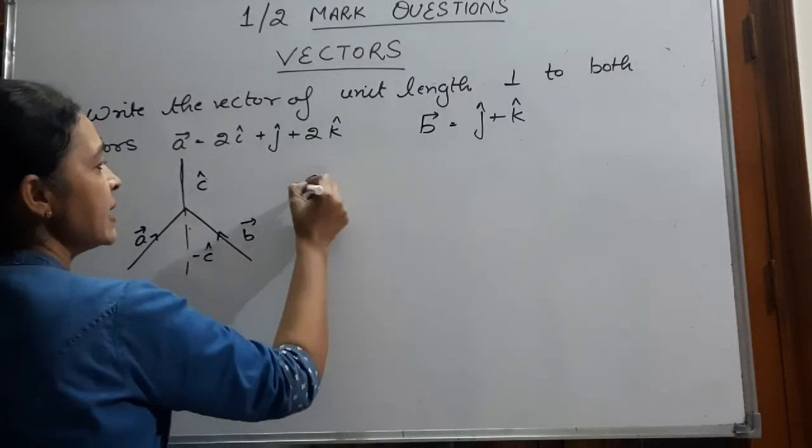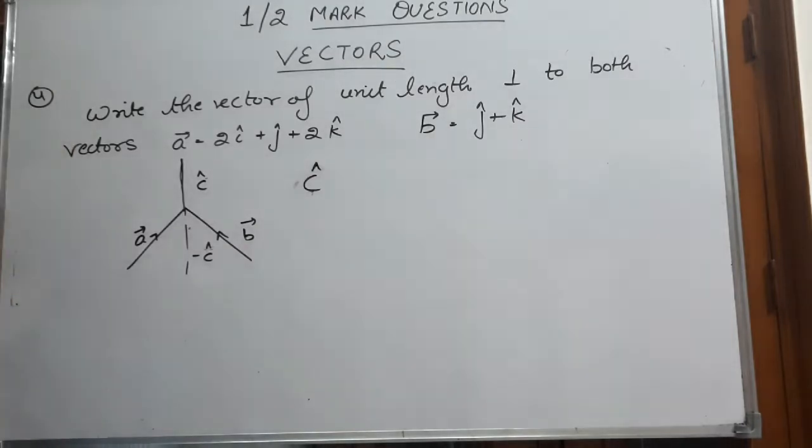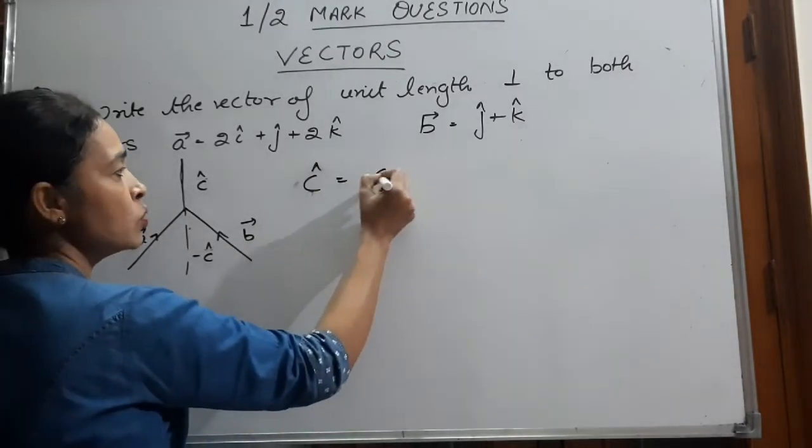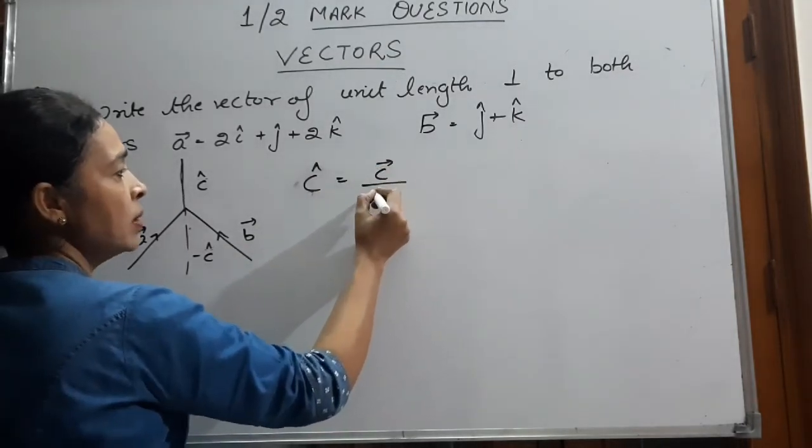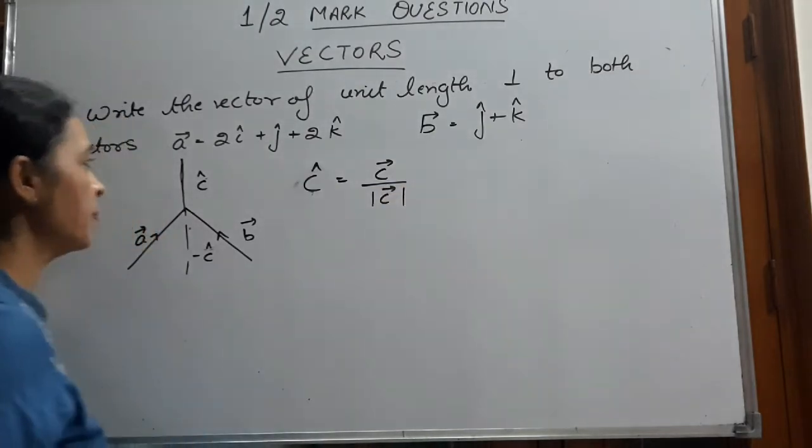We will write it as C cap. We have to find C cap, which is equal to vector C upon magnitude of C.